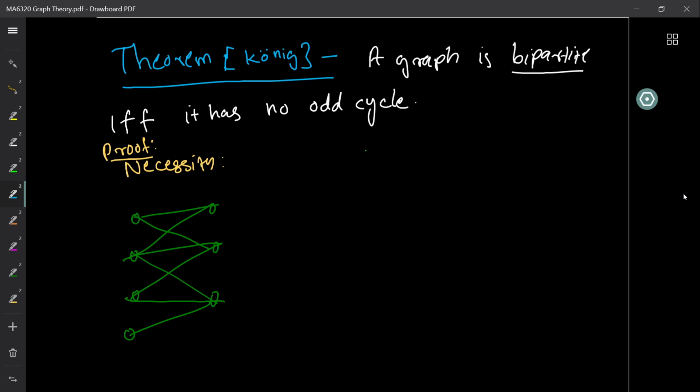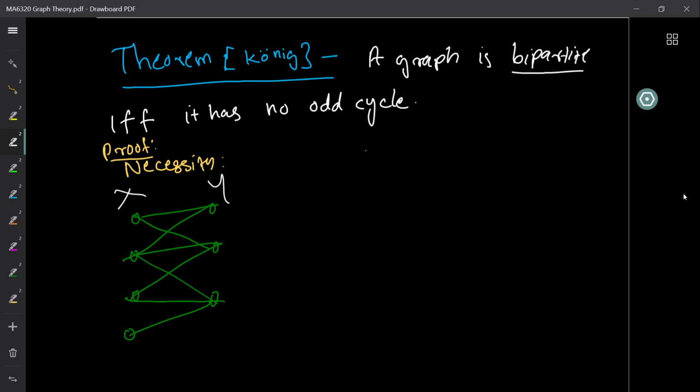Now, given a bipartite graph, let us see why it cannot contain odd cycles. The graph is bipartite, which means that you have two partitions, X and Y, and every edge goes between X and Y. Now suppose there is an odd cycle, which means that there is a closed walk of odd length, because an odd cycle is by definition an odd length walk which is closed, without repeating vertices.